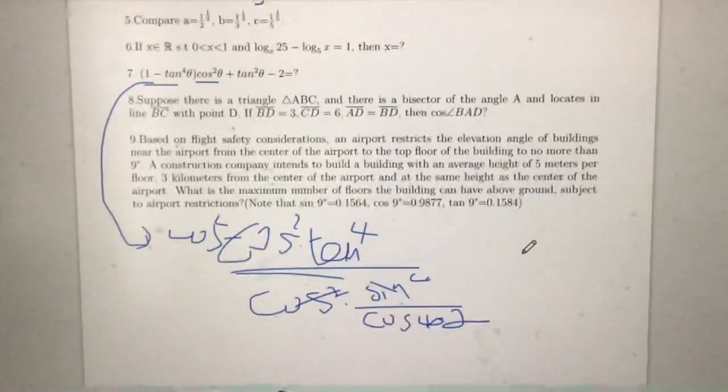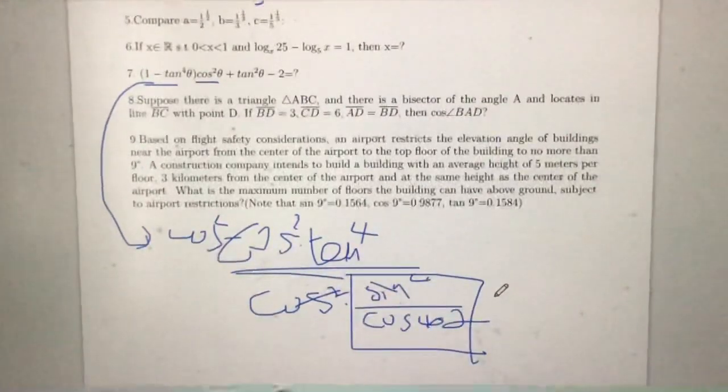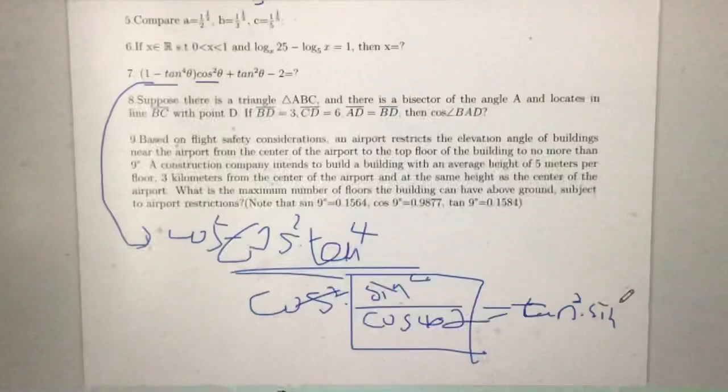Right? So how to do this? So this one will be equal to tangent 2 times sine 2, right?